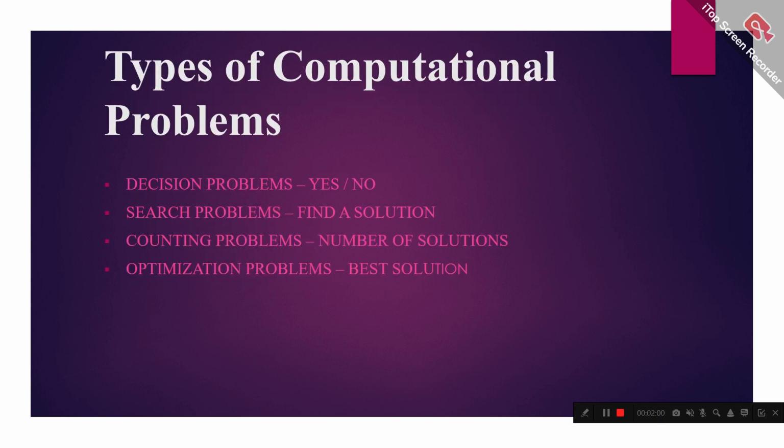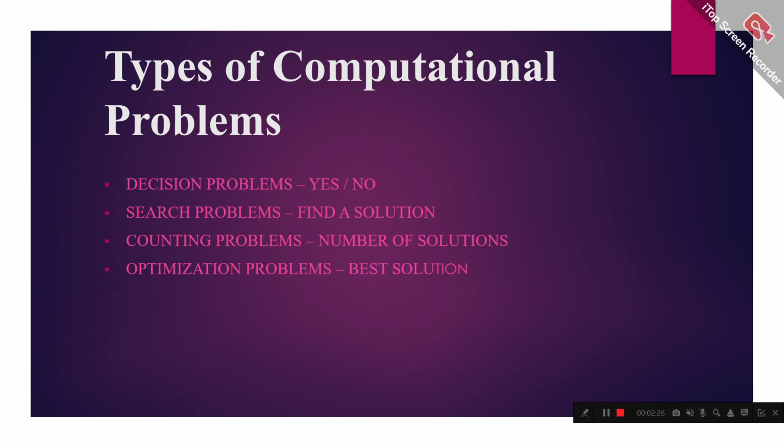The next, the types of computational problems. Computational problems can be classified into four major types: decision problems, search problems, counting problems, and optimization problems. Decision problems require a yes or no answer, such as checking whether a number is even.